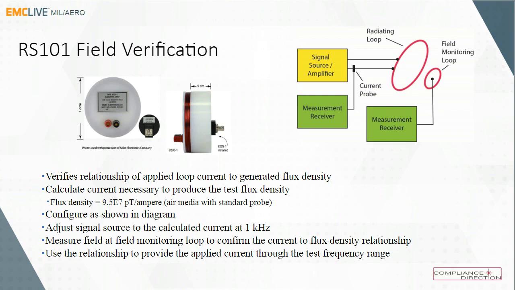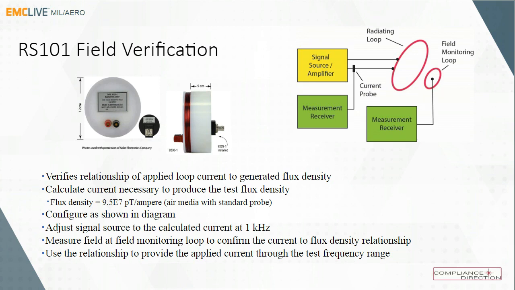We configure the equipment as shown in the diagram with the field monitoring loop and a current probe or a low-level series resistor, something to be able to monitor the applied current through the loop. And we adjust the signal generator to 1 kilohertz to do this calculation. We measure the field at the field monitoring loop to confirm the current to flux density relationship.